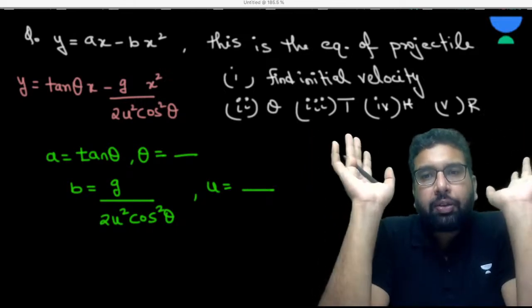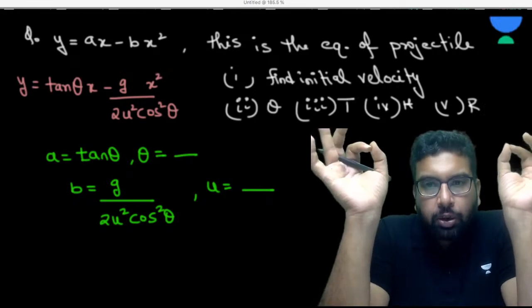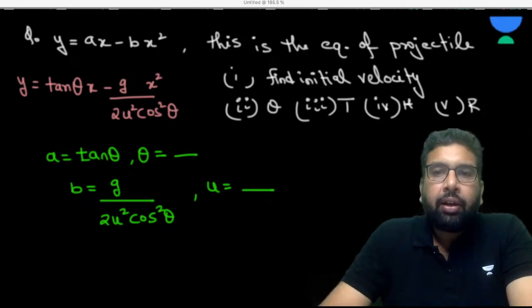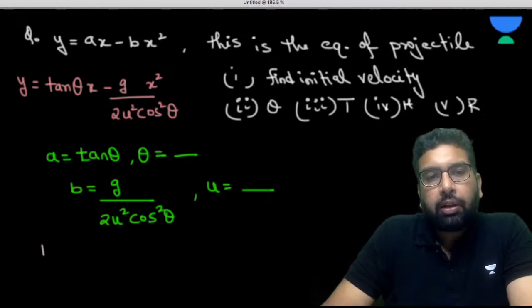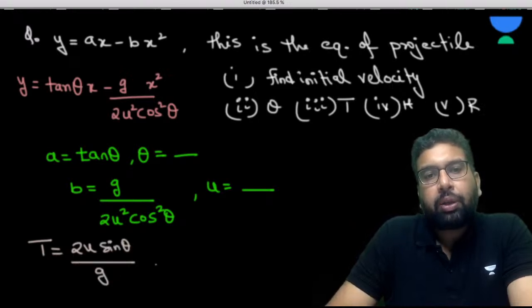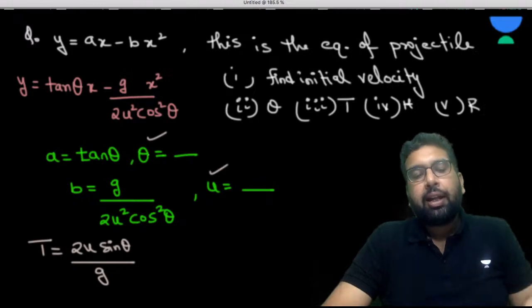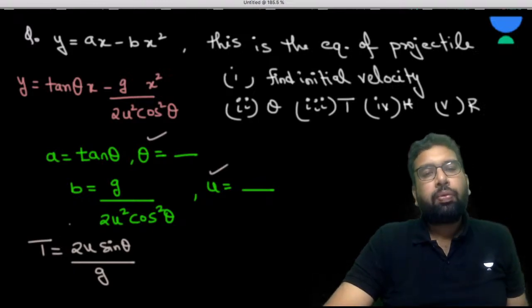Once u and theta are found, is there any issue in finding T and R? Sir, definitely there is no issue. See, I'll leave the calculation to you guys. T is 2u sine theta by g, right? Once you have u and theta, if anybody is stopping you from finding the T, please tell me.